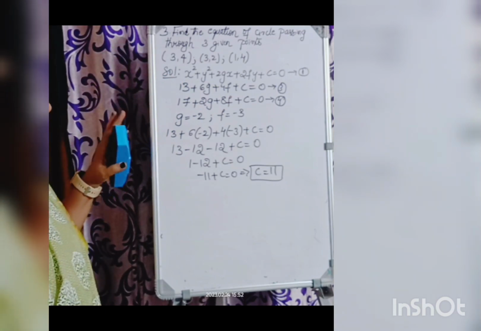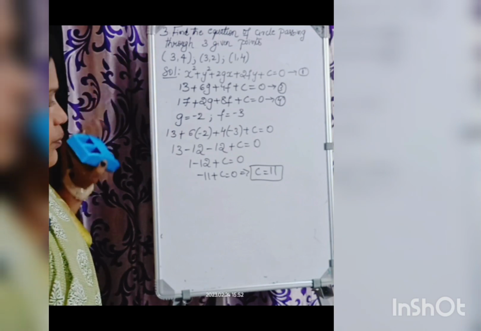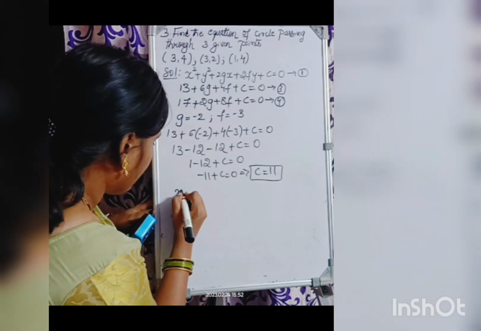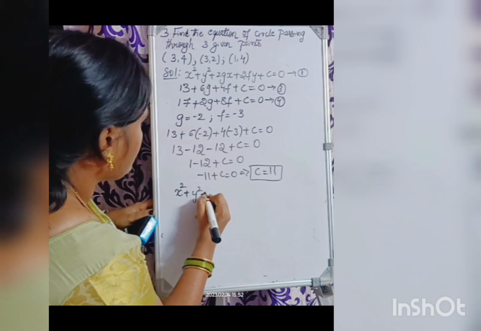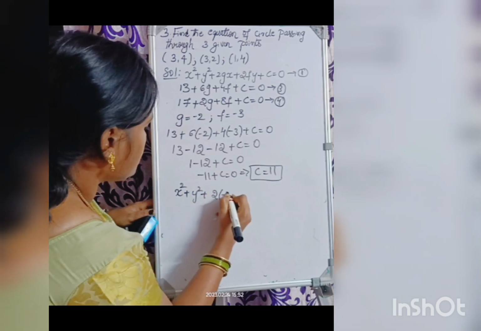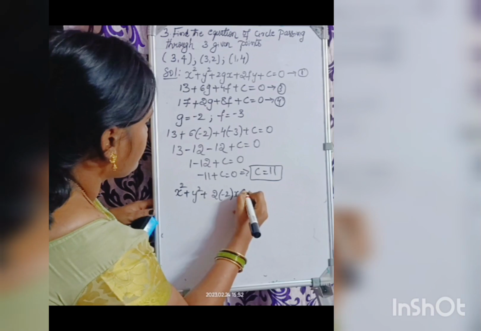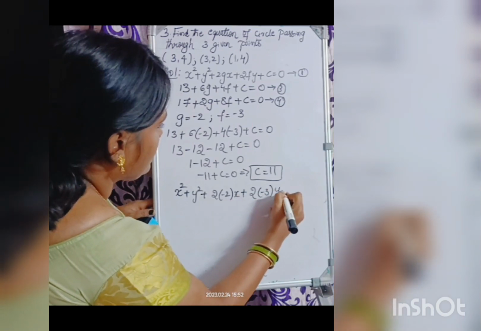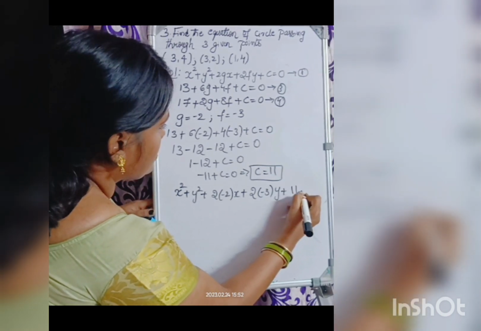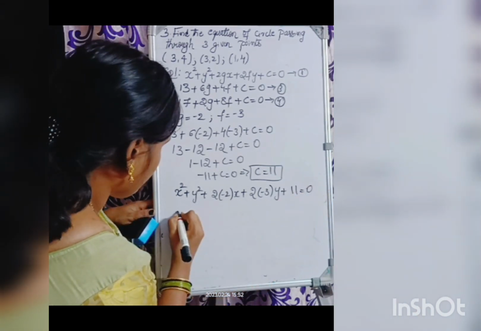Substitute these values in equation 1 in order to get the standard equation of the circle through the given points. So we will get x² + y² + 2gx + 2fy + c = 0.